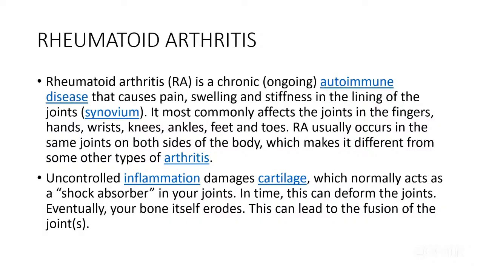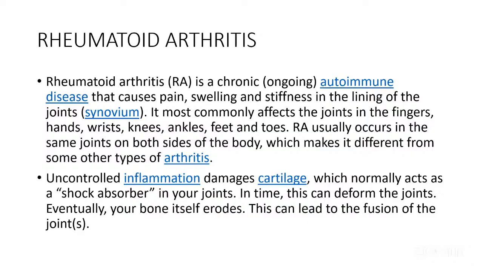RA usually occurs in the same joint on both sides of the body, which makes it different from other types of arthritis.